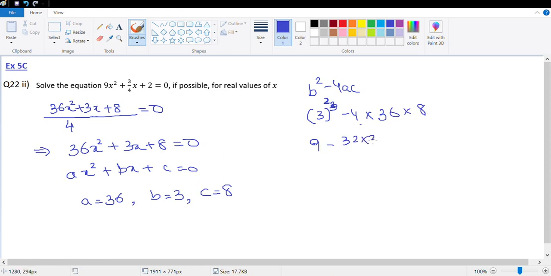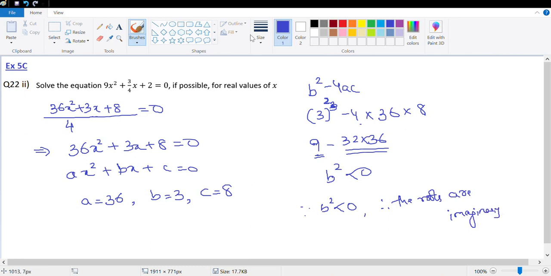So this will obviously be a bigger number than 9, which means D is less than 0. Since D is less than 0, therefore the roots are imaginary, which means we can't solve this equation. The roots are imaginary because these are not real roots. Good, let's look at the next question.